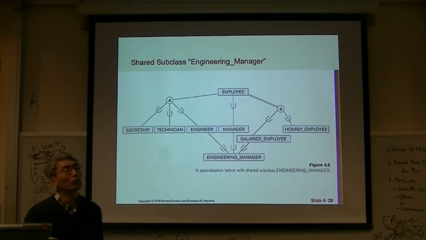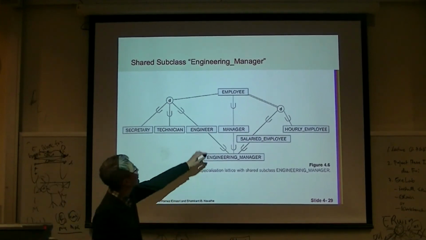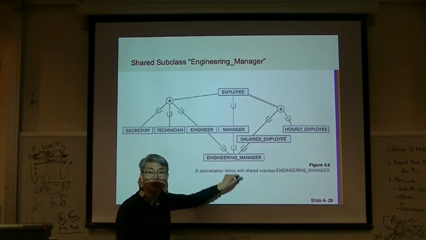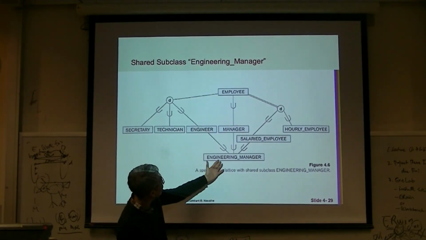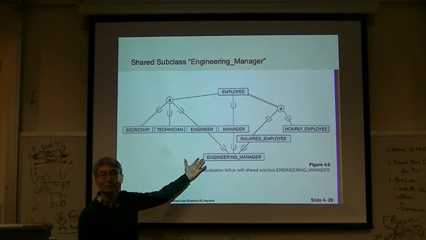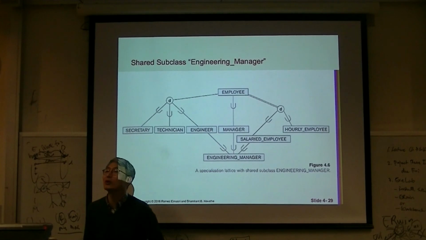At that time, we call this kind of super and subclass a tree structure. From the top, we have the parents and children. Oh, by the way, what about the engineering manager? This is the subclass of a subclass. It's also possible.